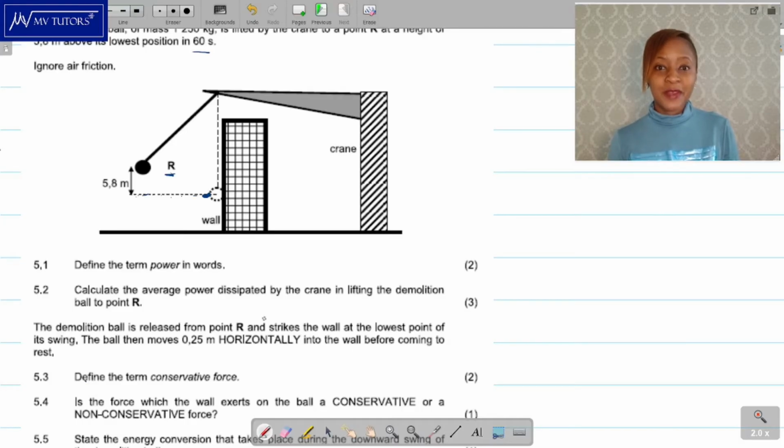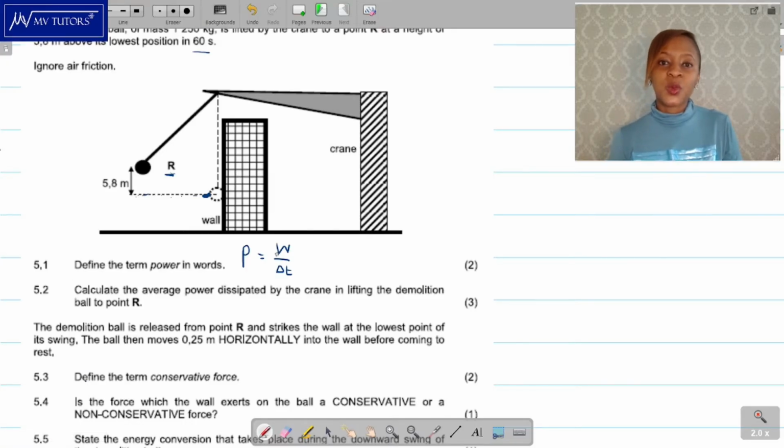If I had forgotten what power is, I would go to my formula sheet, and there I would find that power is equal to work done over time, or change in time. You can actually say that. So power is the work done per unit time, or the rate at which work is done.